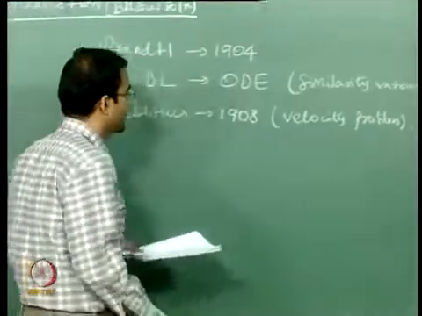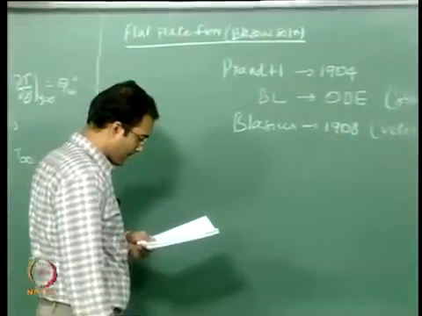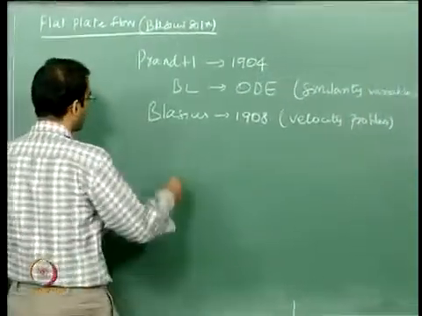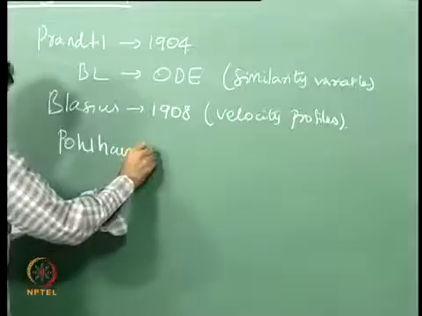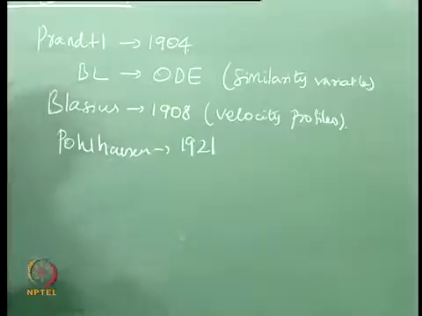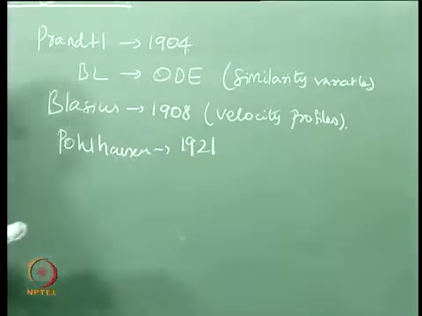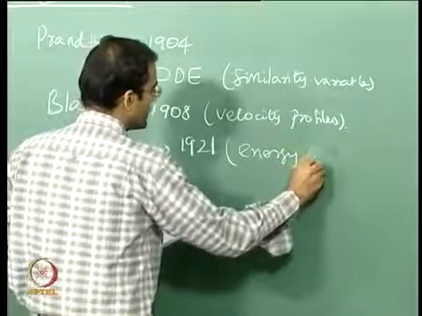Later on, I think it was Pohlhausen in the year 1921 who extended the Blasius solution for the velocity profile to solve the energy equation.